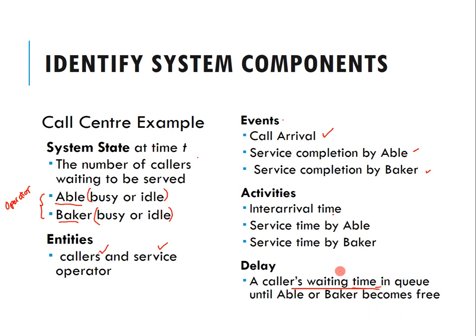You have to state the waiting time at where, for example here in queue. In a production system, for example, the delay can be the waiting time for the product, the part to be processed, before a certain machine.